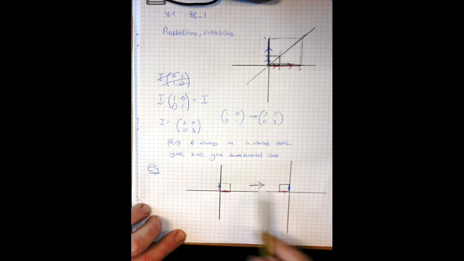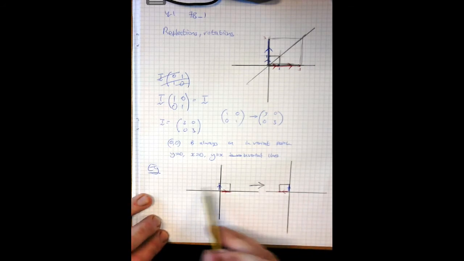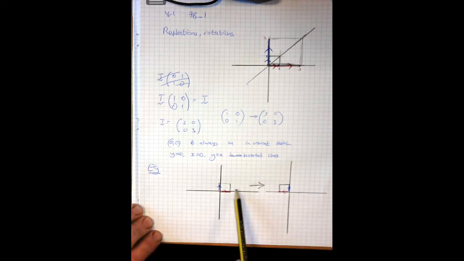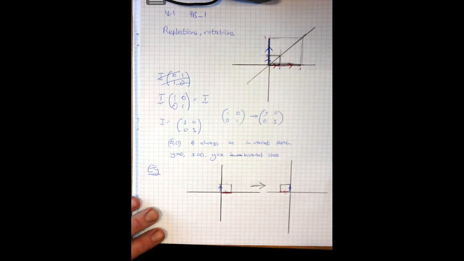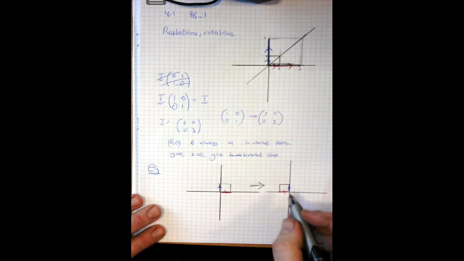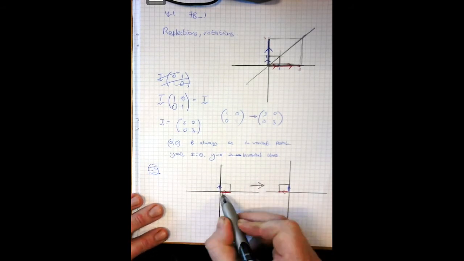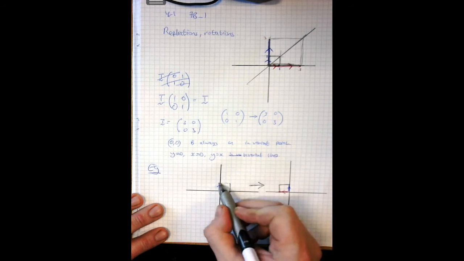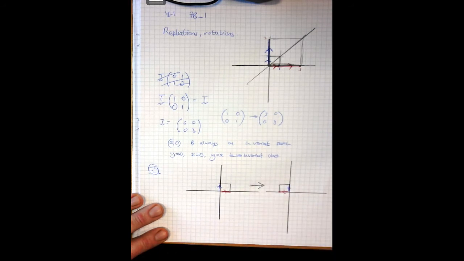Now, whether I draw it on separate axes or whether I sketch it on the same axis doesn't really matter. We can see that it's a reflection in the y-axis. And the transformation matrix then, 1, 0 has gone to minus 1, 0 and 0, 1 has stayed at 0, 1.